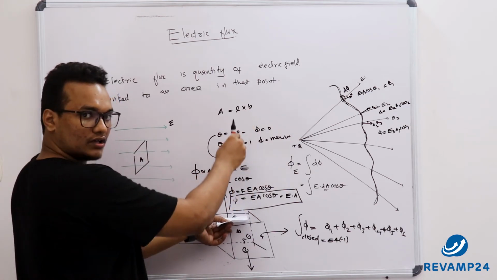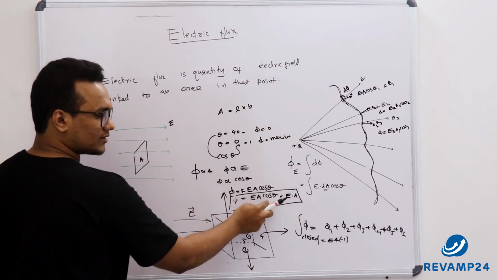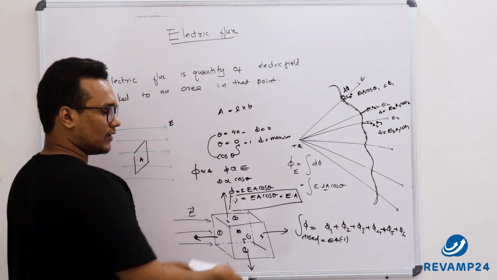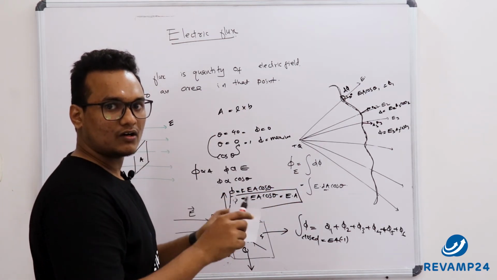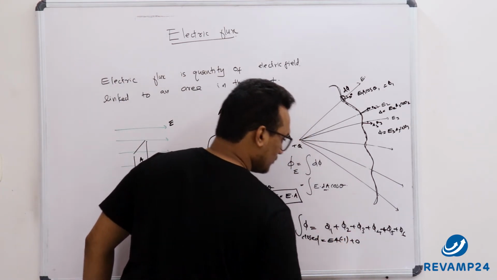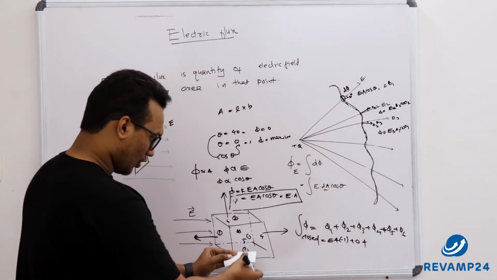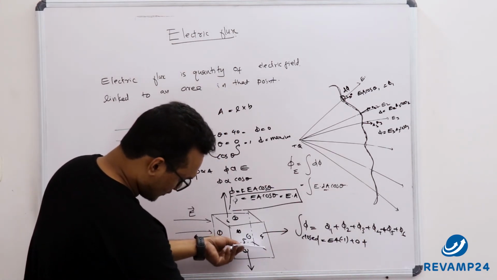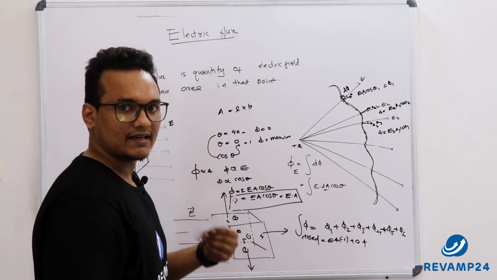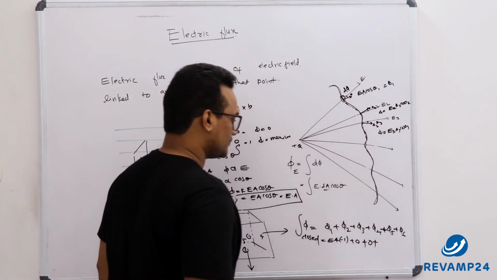So cos 90 it is. EA cos theta, the angle is 90, cos 90 is 0. So phi 2 will be 0. Now what will be phi 3? 3 is the bottom. Here the area is in this way, the field is in this way, the angle is 90. EA cos 90, cos 90 is 0. So this will also be 0.